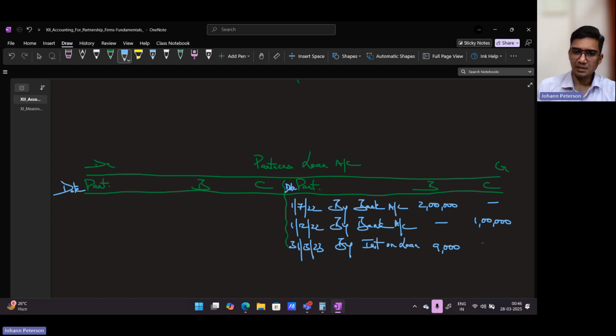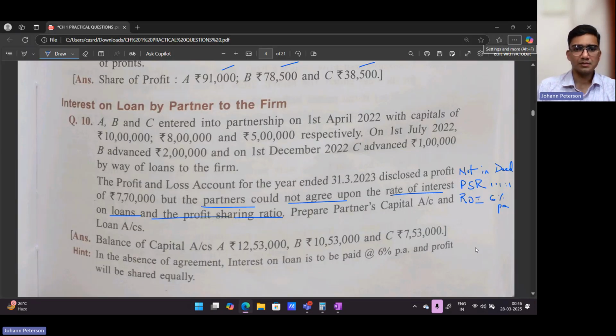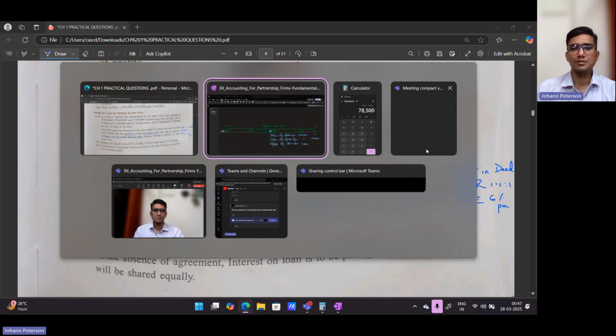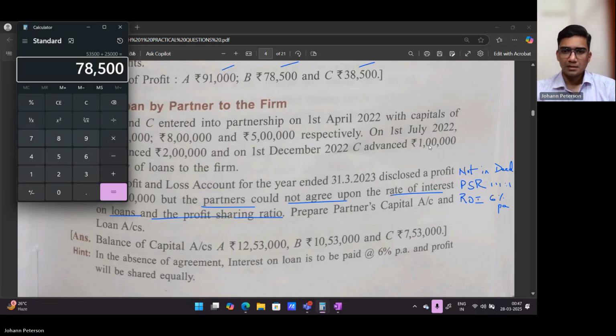Similarly, for the other one, again on the same date, so I'm putting it in the same line. For the other one, it's going to be 1 lakh for the whole year. Sorry, 1 lakh is the loan, and you're taking 6%. So 6,000 is for the whole year. So for 4 months, let's do this multiplication, 6,000 into 4 divided by 12.